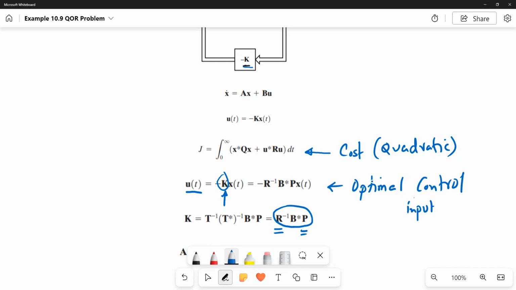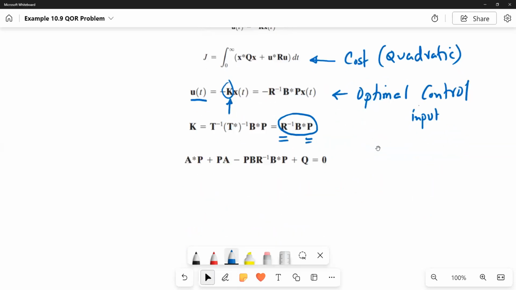Ultimately, our objective is to find the matrix P from the reduced matrix Riccati equation, which is given here. Most of the parameters are known except P. So we have to find a suitable value of the P matrix that will be used to obtain the optimized K matrix, and based on that, find the optimal gain K. So this is the procedure basically.